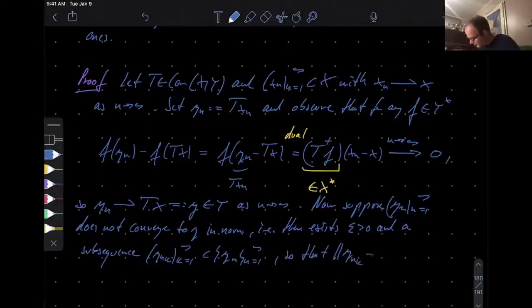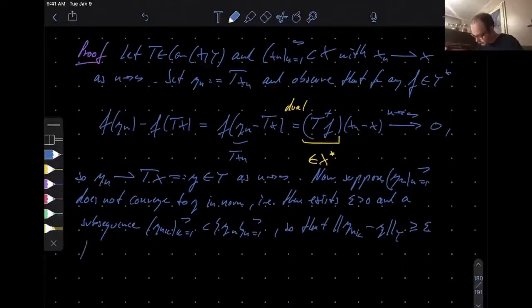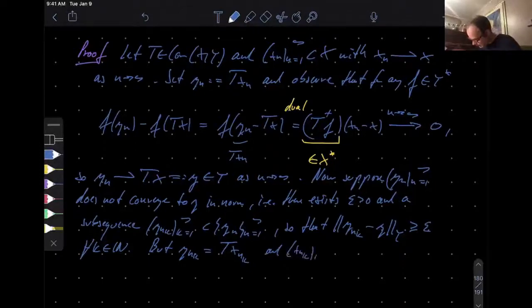So the distance between y_{n_k} and y in Y space is bigger than epsilon for all k, right? But y_{n_k}, which is T x_{n_k}, and x_{n_k} is of course bounded.